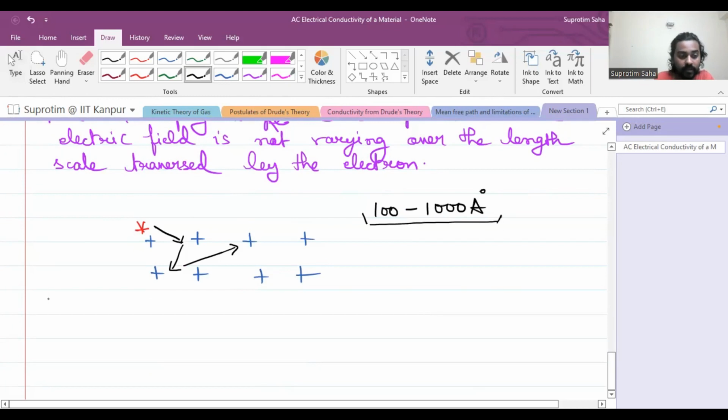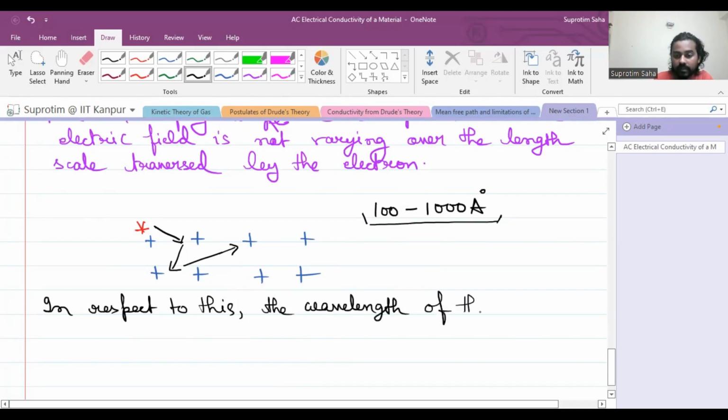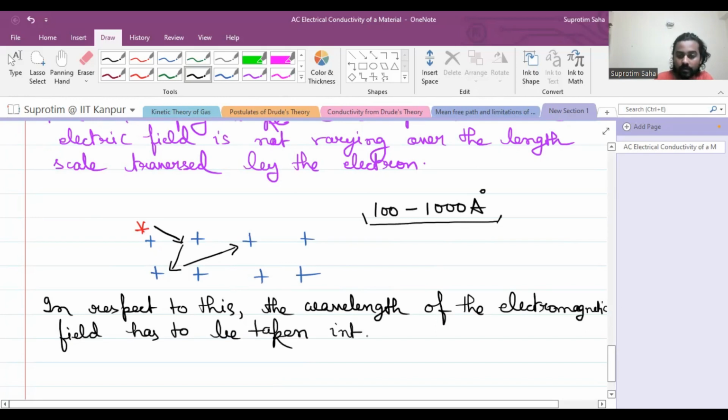In respect to this, the wavelength of the electromagnetic field has to be taken into consideration.